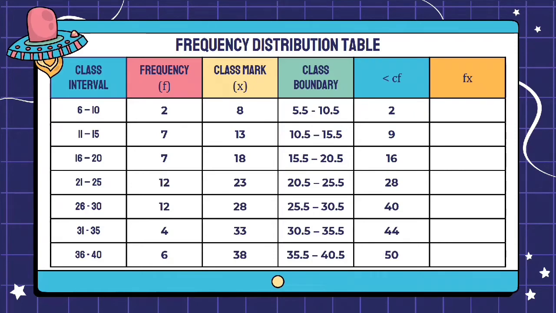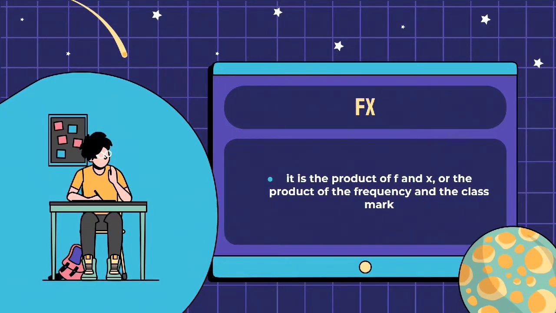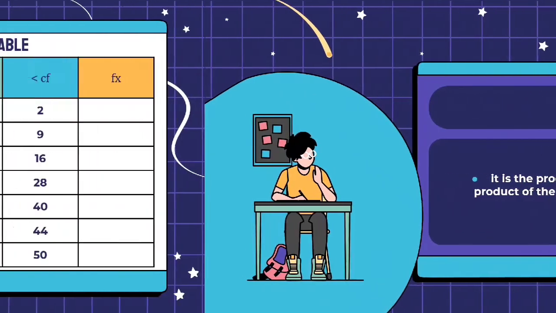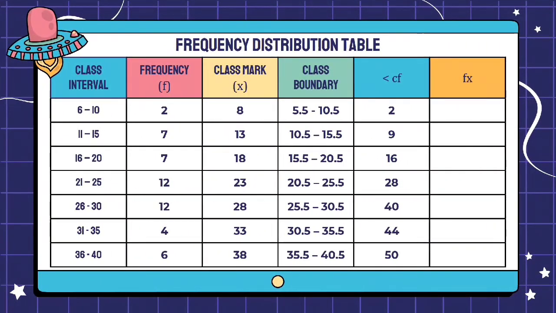Next up is fx. As the symbol says, it is the product of f and x, or the product of the frequency and the class mark. So in the first row of our table, we simply multiply 2 by 8. 2 multiplied by 8 will get an answer of 16. The next is 7 and 13.